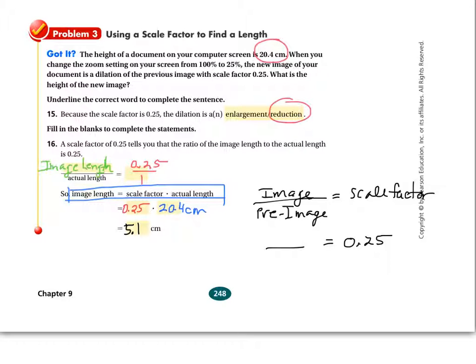If we took our image, which was 5.1, and put that over our pre-image, which was 20.4, and divided it on your calculator, you're going to get 0.25. And so you end up with 0.25 is equal to 0.25. And so it checks. So this is your check. Okay, so you ought to be able to check that.